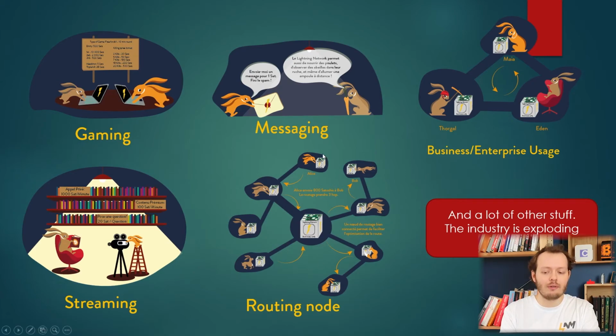Messaging used to be a thing when I created the crash course in French a couple of months ago. It's less nowadays, but basically every time you make a Lightning transaction, you can add a piece of data. And so if you write a message, you can use Lightning as a messenger. I say it's not as important nowadays, simply because of the debate within the Bitcoin ecosystem to know if Lightning should be about everything or should be only a payment layer, a transaction layer.